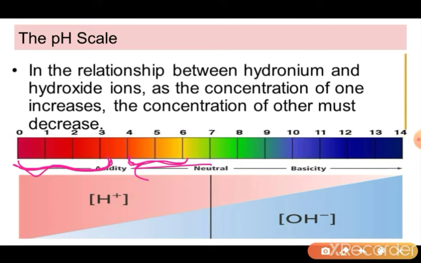Similarly for bases, the farther we go from 7, the more OH minus ions increase. That means the solution becomes more strongly basic. So solutions with pH 11, 12, 13, 14 will be strong bases, and solutions with pH 8, 9, 10 will be weak bases.